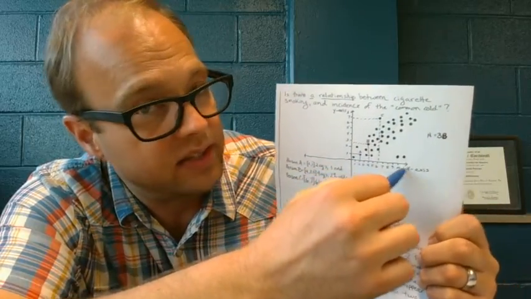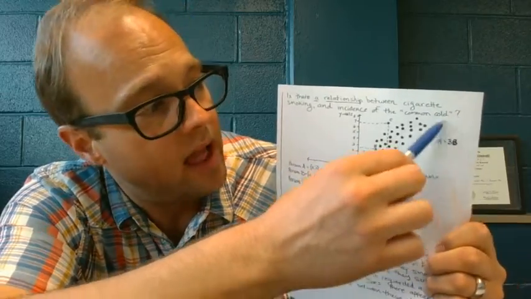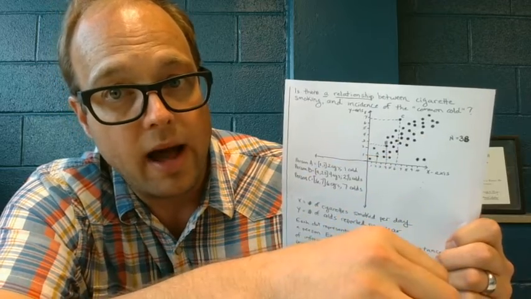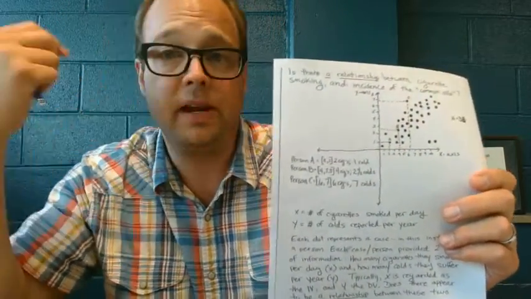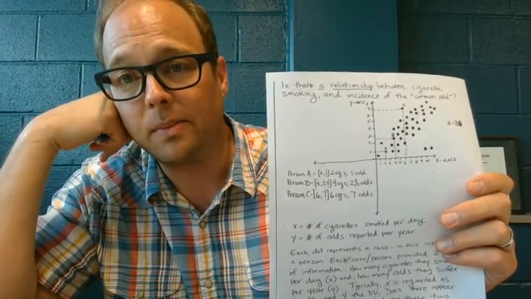As x increases, so does y. Low values of x appear to be associated with low values of y. High values of x appear to be associated with high values of y. So this relationship appears to exist, and it can be described as positive.